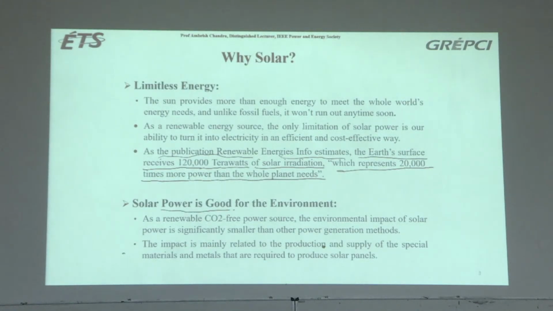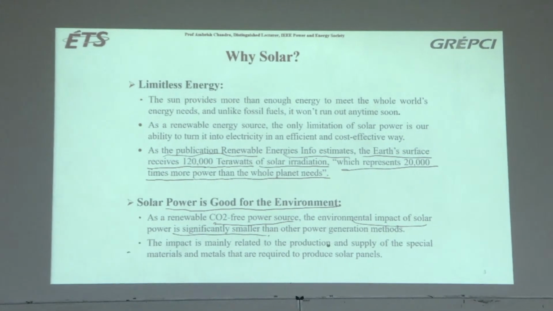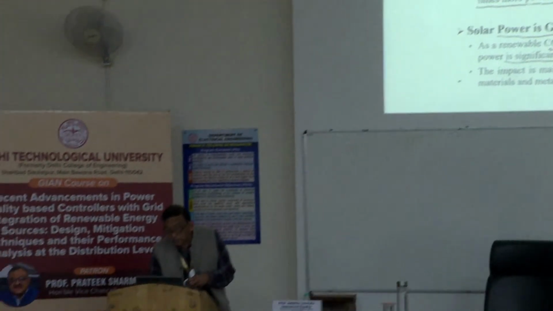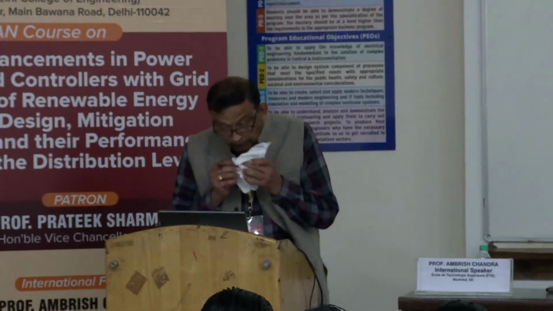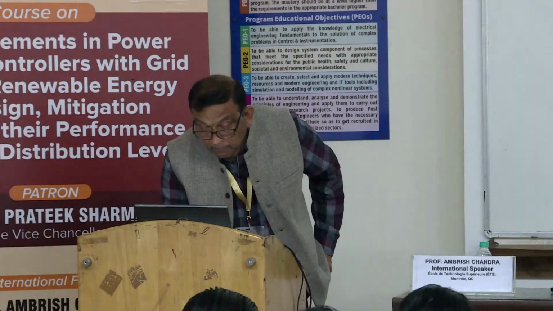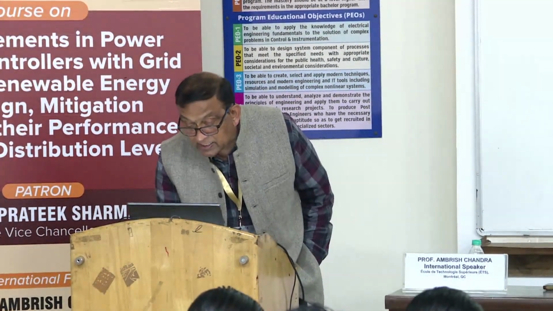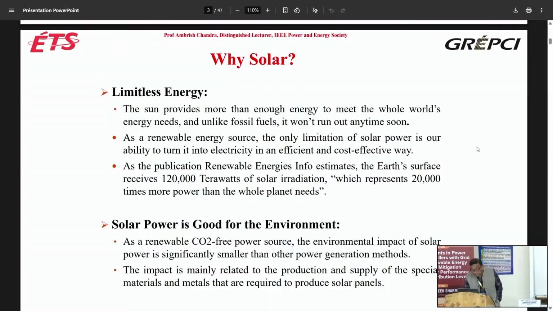Solar power is good for the environment. It is a CO2-free power source, and the environmental impact of solar power is significantly smaller than other power generation methods. The impact is mainly related to the production and supply of the special materials required to produce solar panels.